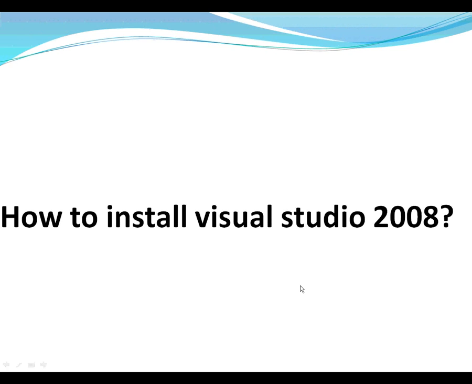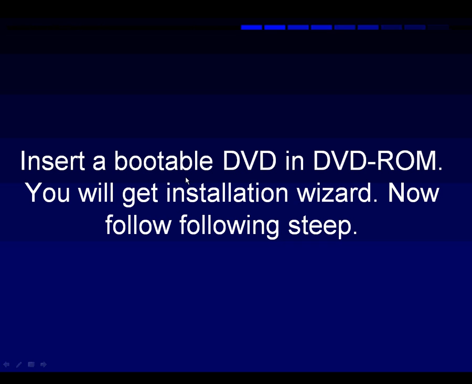The first question we have is how to install Visual Studio 2008. We follow some steps to install Visual Studio 2008. At first, insert a bootable DVD in the DVD-ROM. You will get the installation wizard.